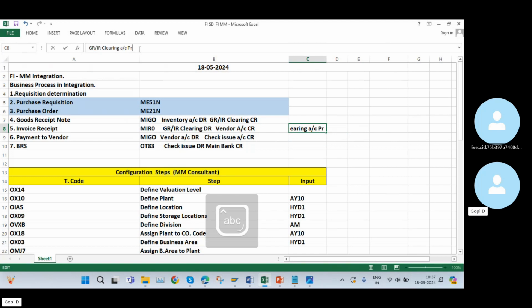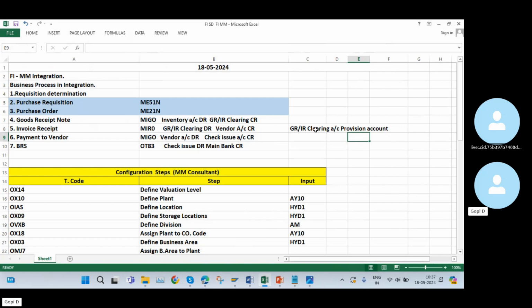Provision in the sense, usually in real time business, what happens? There is a time gap between goods receipt and invoice receipt. To avoid the time gaps in the real time working environment, being a finance consultant, we need to use this GR/IR clearing account.